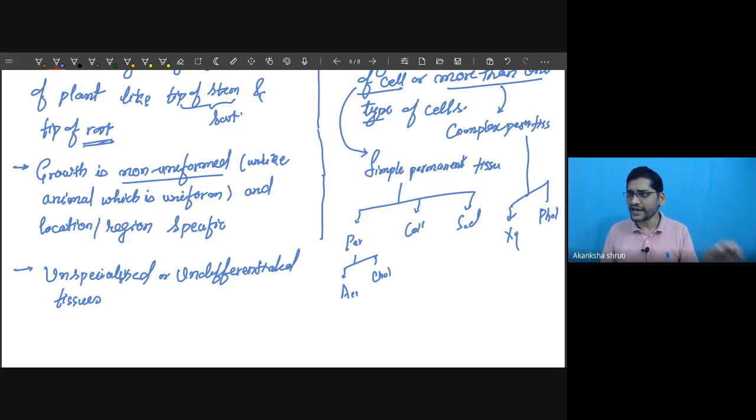They always contain only one kind of cell. Get it? Always.